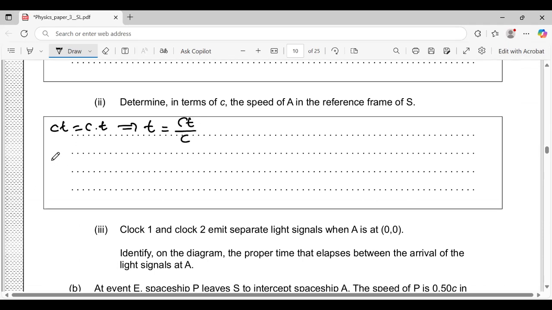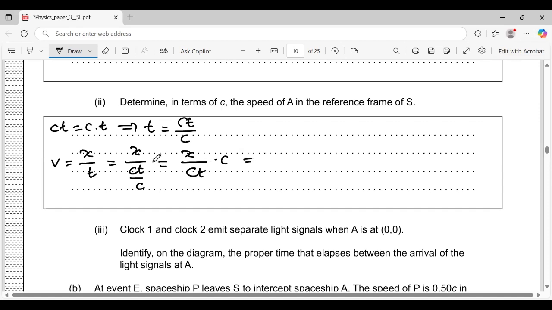And we use speed equals x over t, which is x over ct over c, so x over ct times c.